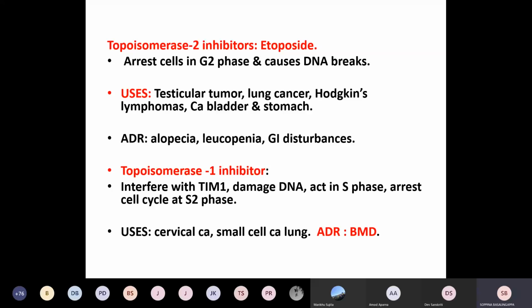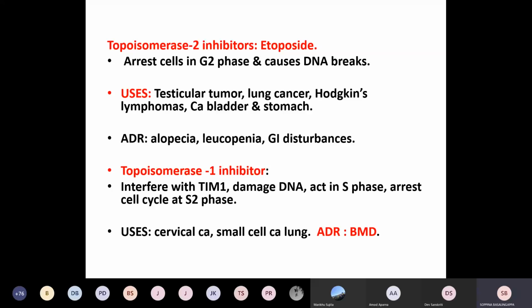Topoisomerase 2 inhibitors: etoposide arrests cells in G2 phase. That means the cell that would go to the next generation of multiplication is arrested because there is a DNA break. Uses: testicular tumor, lung cancer, Hodgkin's lymphoma, carcinoma of bladder, stomach.